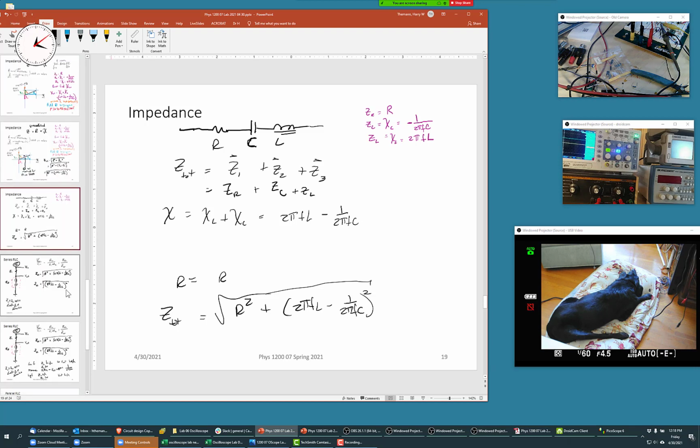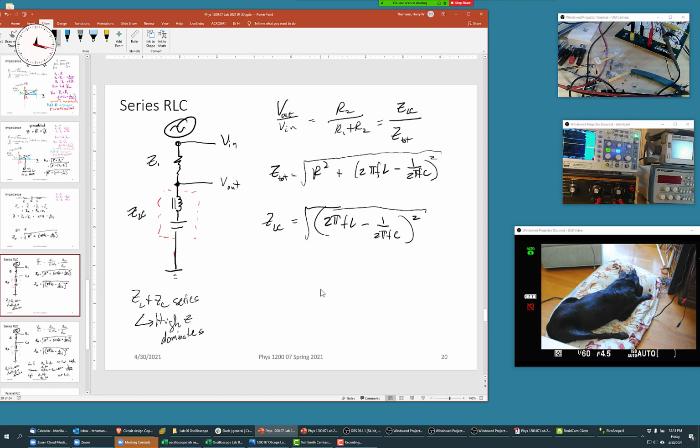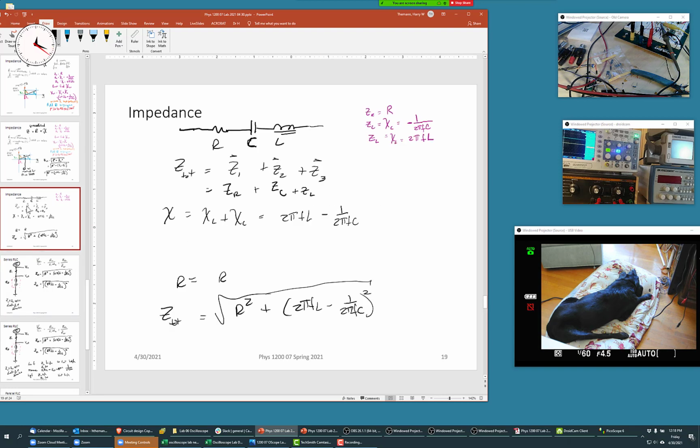So now let's take a look at a voltage divider. Oh yeah, you might want to draw this. There's no reason to write out all this stuff because it's basically the same as what we just finished doing, the series circuit.